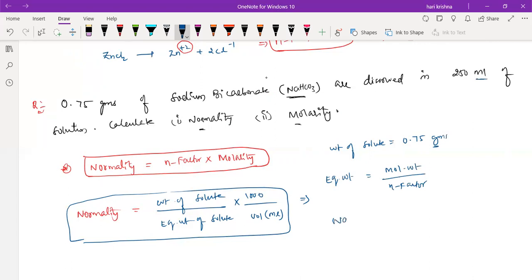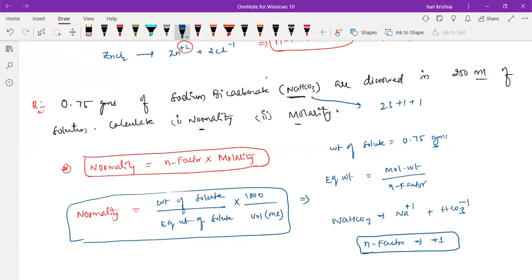If you dissolve NaHCO3 in water, it will form Na plus 1 and HCO3 minus 1. So what is the n factor here? Plus 1. Then we have to find the molecular weight of NaHCO3. Sodium 23, hydrogen 1, carbon 12, oxygen 16 into 3 is 48.